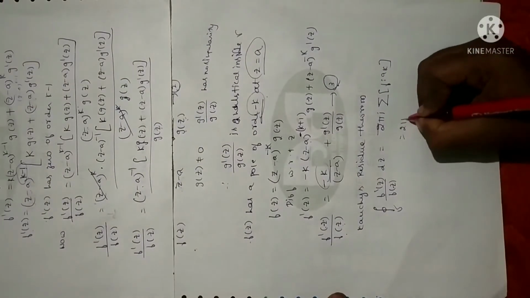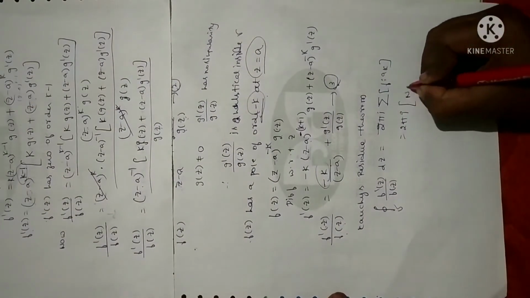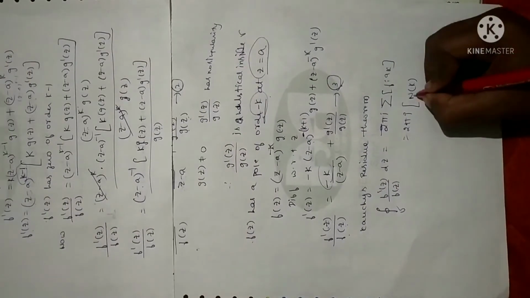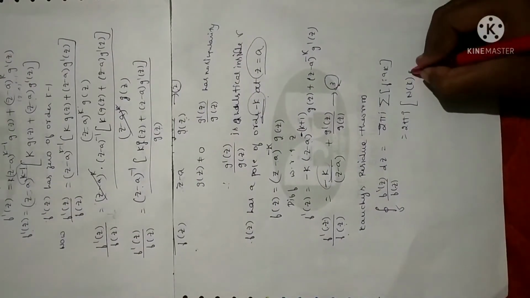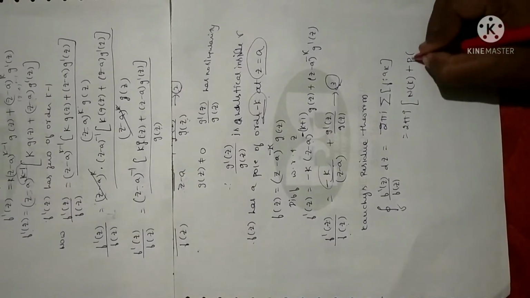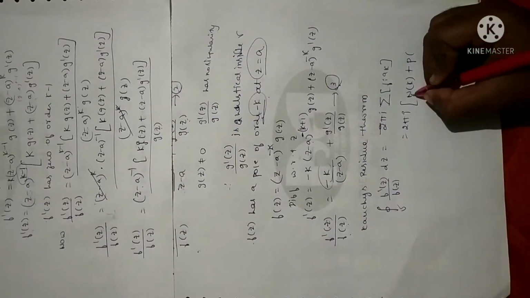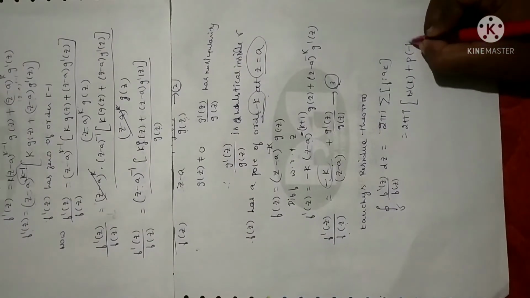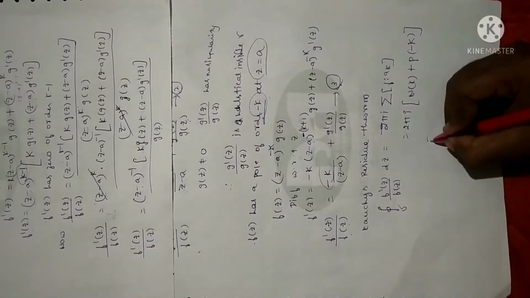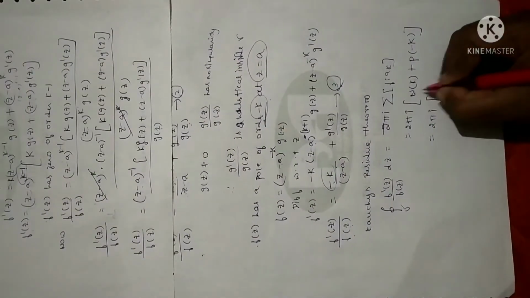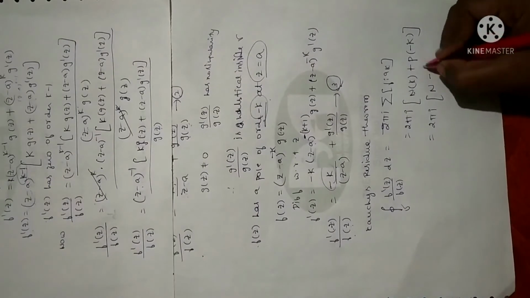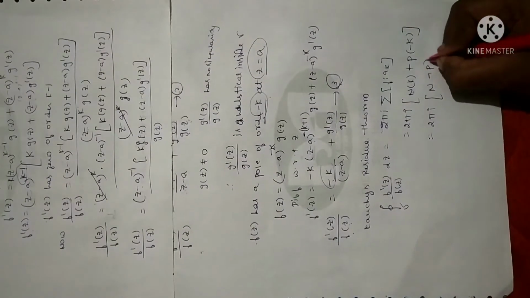Now I can write this as 2 pi i into n of k, that is the number of zeros at point k, plus poles. Here n is none other than zeros, p is none other than poles, p with reference to k. So I can write this as 2 pi i into n of k minus p of k, where p is poles. So n minus p.